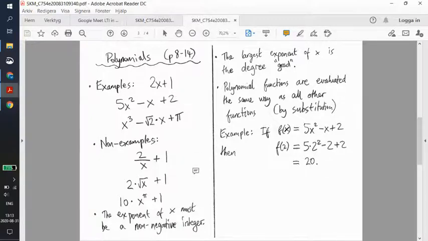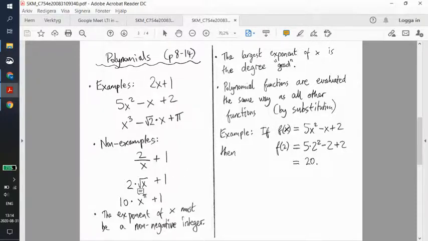Here we have some non-examples. 2 divided by x: if we were to try to write this in exponent form, then the x would have an exponent of negative 1, which would be a negative integer. So then it would not be a polynomial.